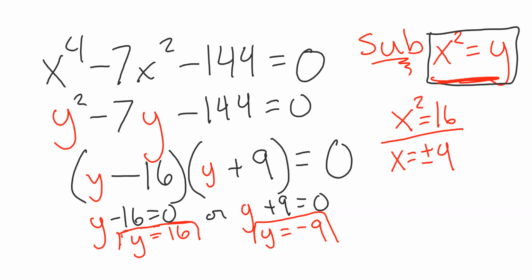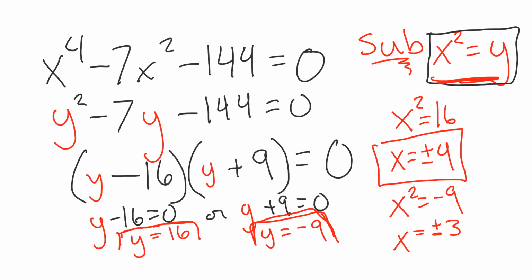We also know that y equals -9 and that y equals x squared. So x squared equals -9. So we can use the square root property here to tell us that x equals plus or minus 3i, right? The square root of -9 is 3i.